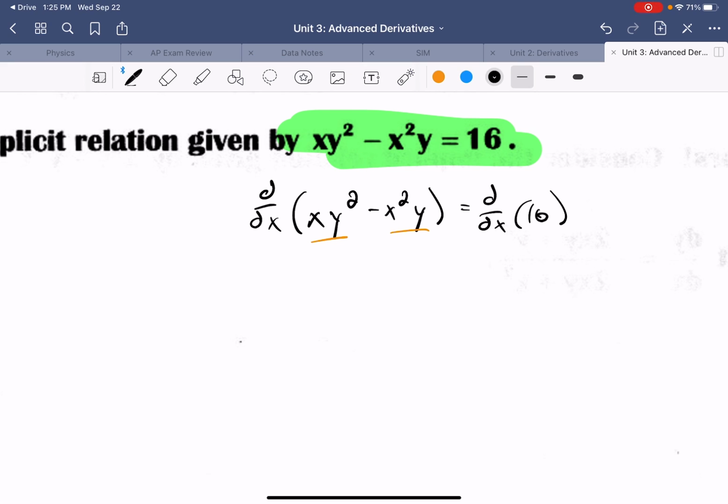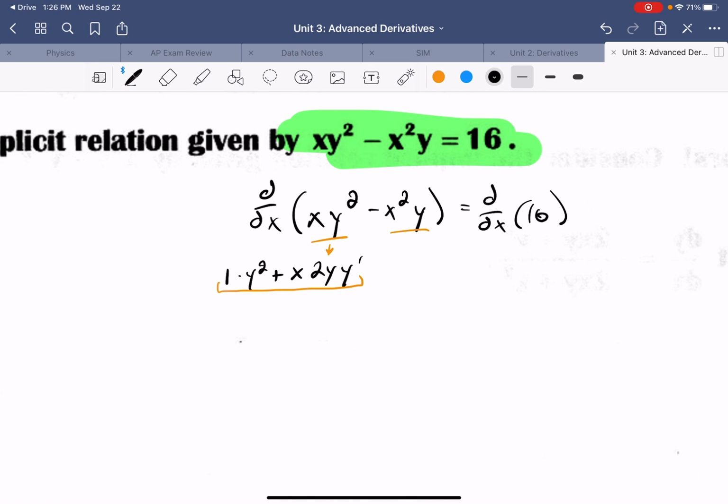So the derivative of that first piece is a 1, and then I multiply that with y squared. And then I have the first piece, which is x, times the derivative of the second piece, so 2y, y prime. So that's just that first product rule.